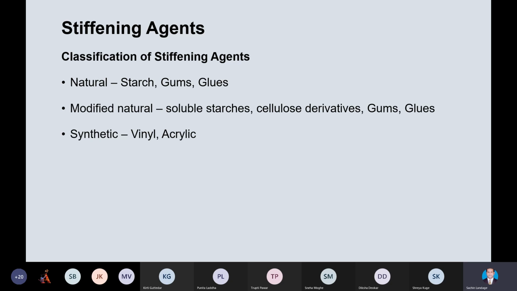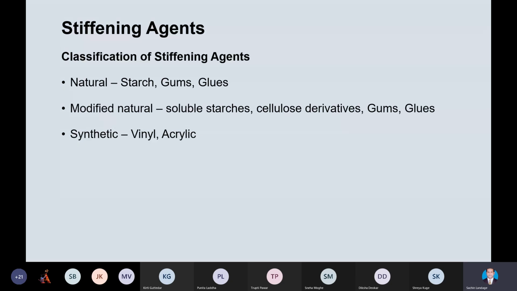So these are the various types of chemicals. Depending upon the type of fiber, the availability, and the type of effect we want, we can select the proper stiffening agent. Now see, whenever we apply the stiffening agent, there is a process for the application too.